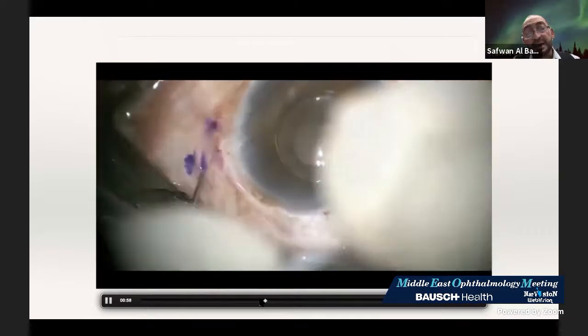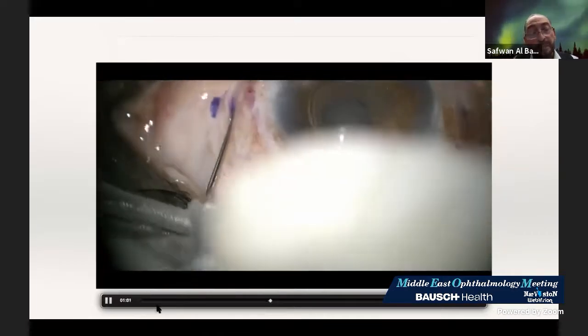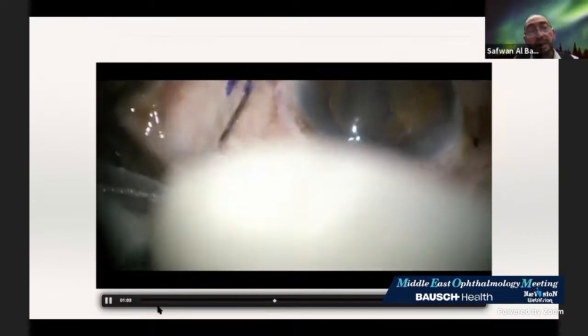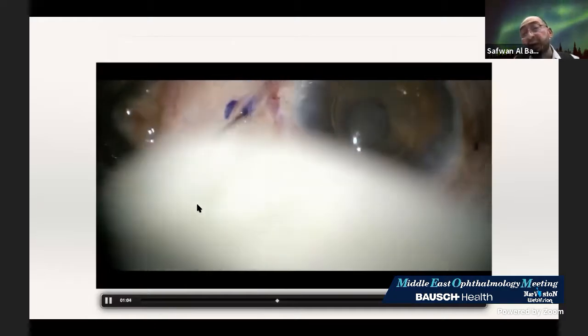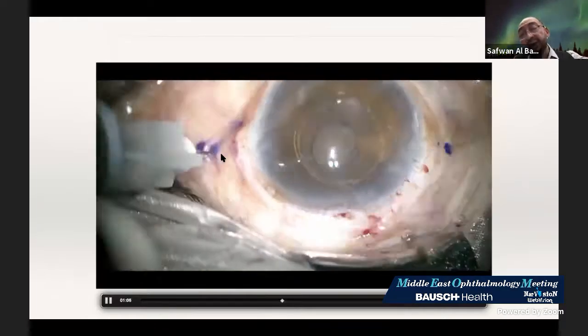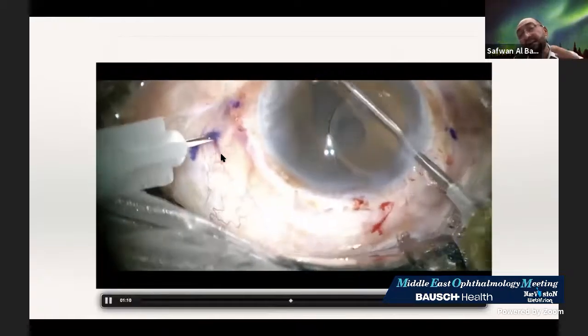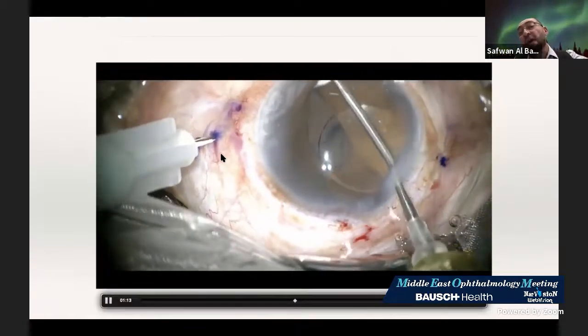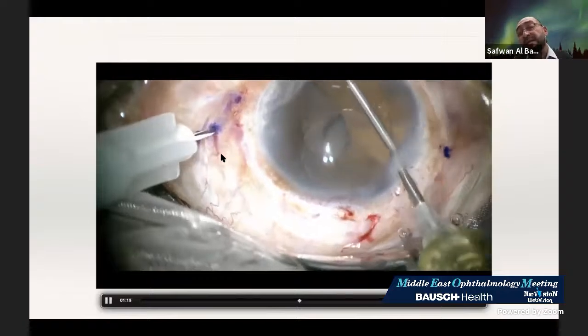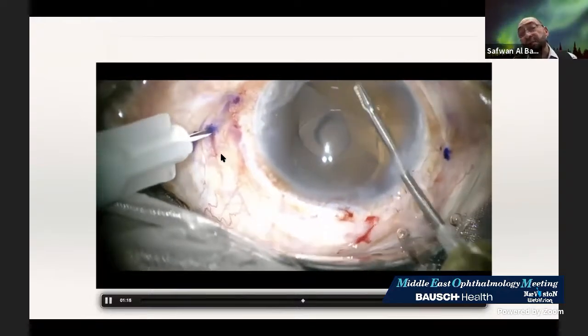So here, see the tunnel. The tunnel is clear, I'm using this tunnel, and I try to put it. As I said, this is the beginning. See, I'm trying not to go toward the center, but toward the periphery.